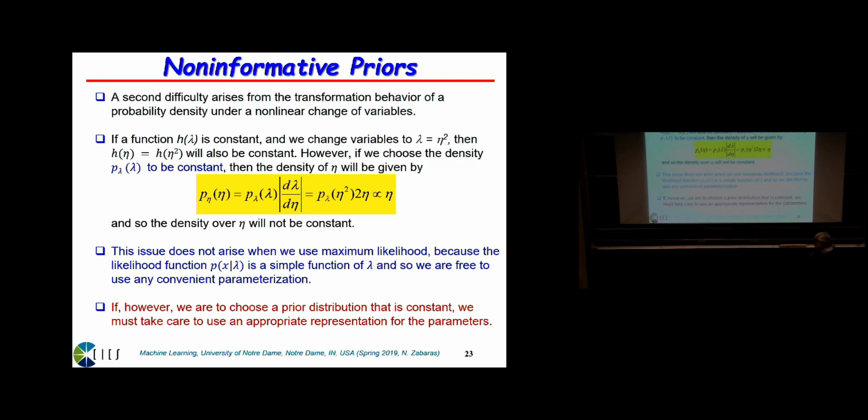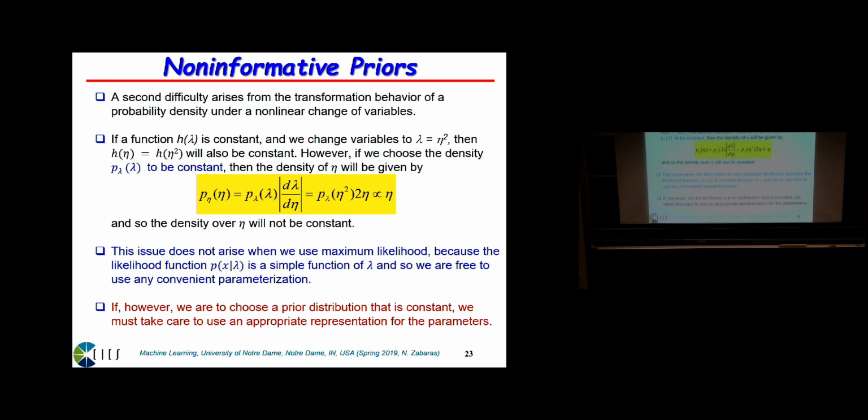So when you assume in your problem that you're going to use a uniform distribution, be sure you really know what parameterization you use, because as you change parameters to do calculations, something that looks uniform in lambda, when you work in eta, you realize that it's not uniform.